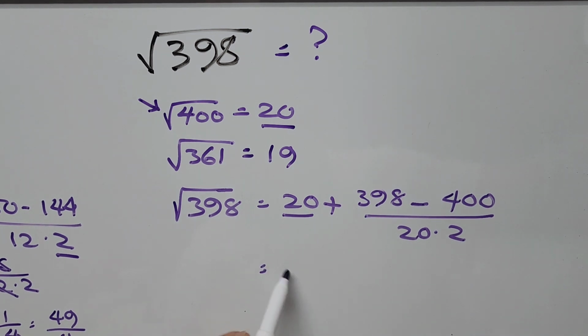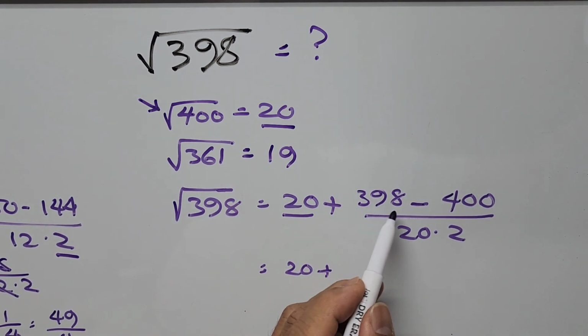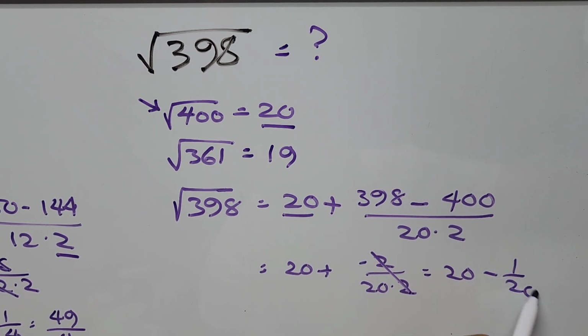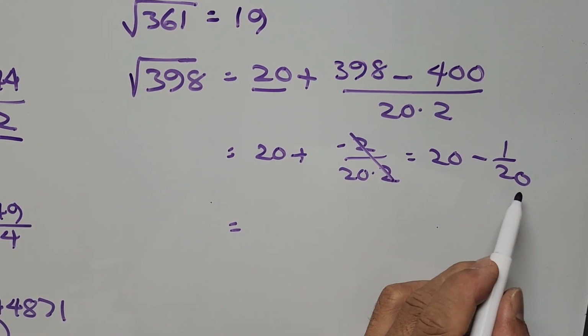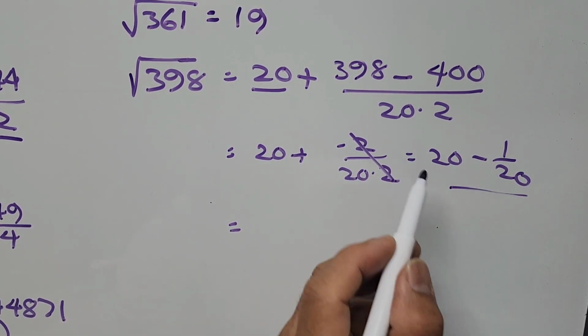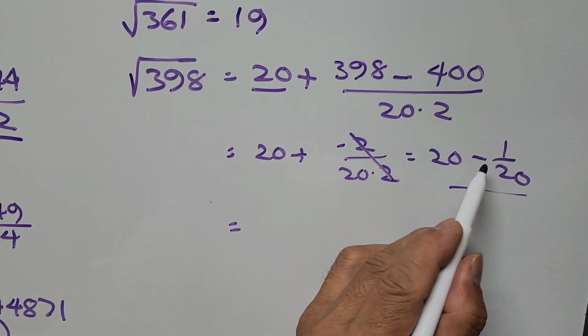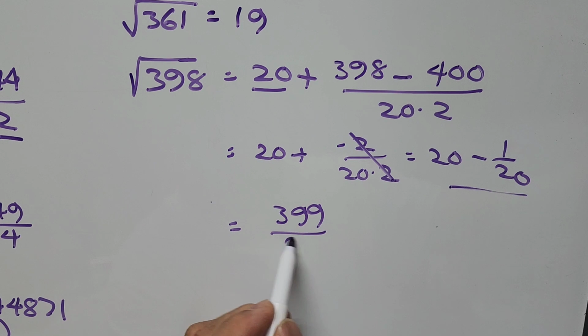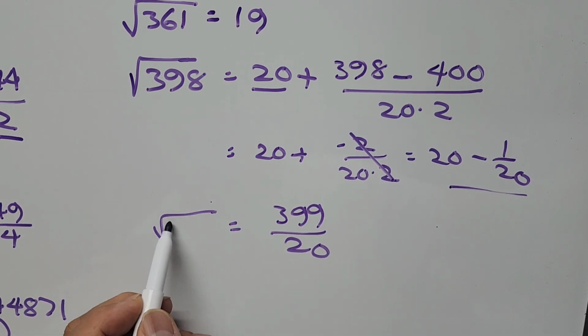So simplify, so we have 20 plus 398 minus 400, that's minus 2, divided by 2 times 20. So here cancel 2, so we have 20. Since it's minus, I have minus 1 over 20. So here simplify the fraction. So we have 20 times 20, that's 400, minus 1 is 399, all divided by 20. So that's the square root of 398.